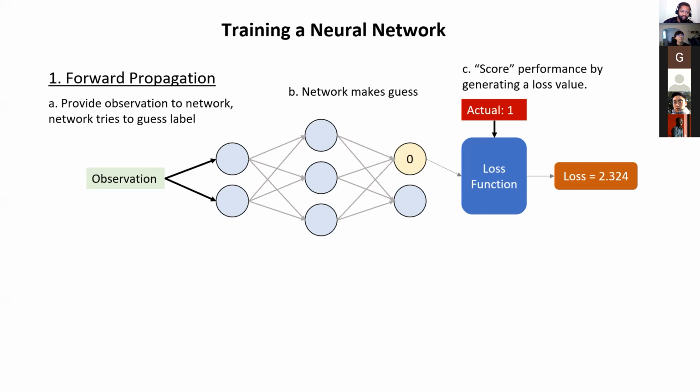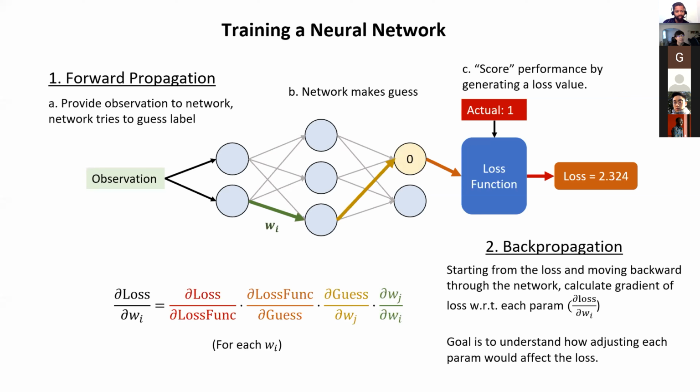That's passed along with the actual true label through a loss function to generate a single loss value. If you had one observation, it would be a single loss value, and even if you had a batch, you would aggregate it somehow to get a single loss value as well. The loss value is the little orange box on the right over there.